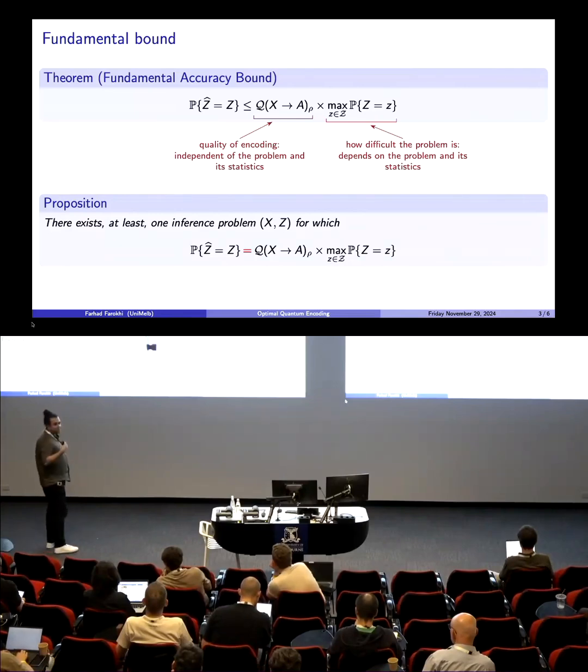So, think about it as a cat and mouse game. I can always make your life very hard or very easy by trying to come up with an optimization problem that saturates this upper bound, okay?